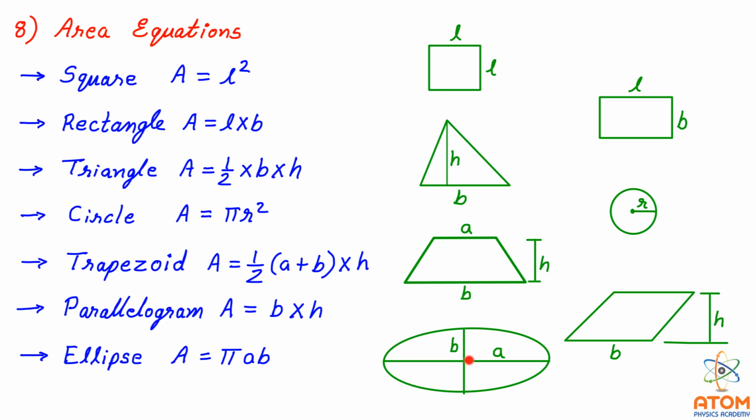Now here this half length of the major axis is known as semi-major axis and this half length of the minor axis is known as semi-minor axis. So this A is the length of semi-major axis and this B is length of semi-minor axis. So here the area A is equal to pi into semi-major axis into semi-minor axis.